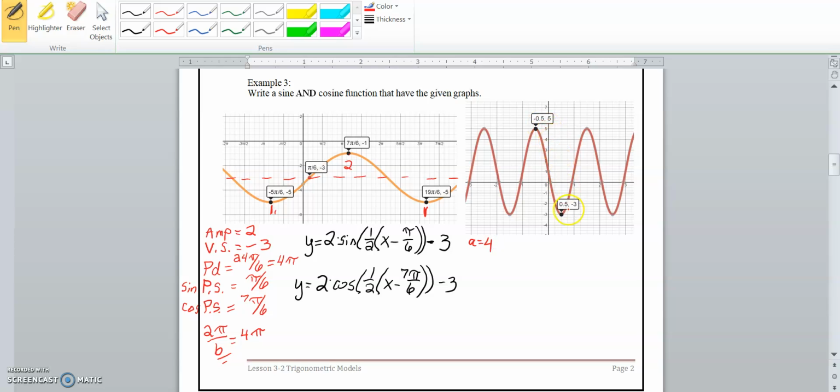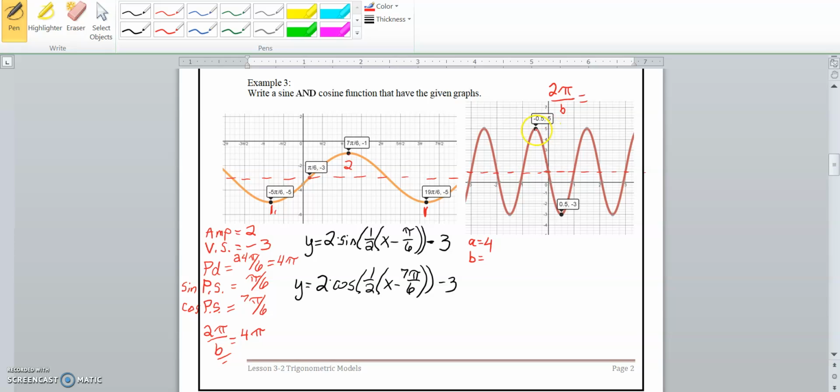So 4 means our midline's right here, because our peak is at 5. I'll still draw it in. For B in this case, 2 pi over B is equal to the period.